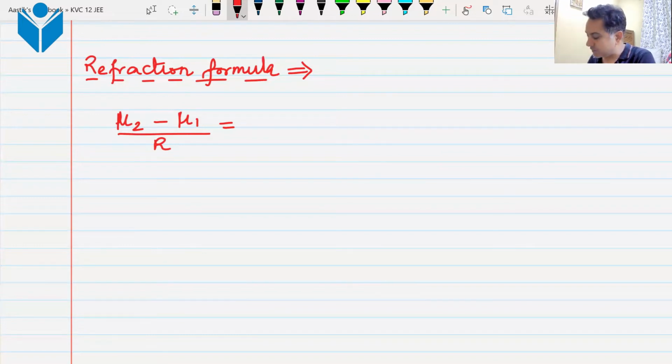Mu2 minus mu1 divided by R will be equal to mu2 by v minus mu1 by u. Now what do you mean by mu2, mu1, v and u? Anyone?